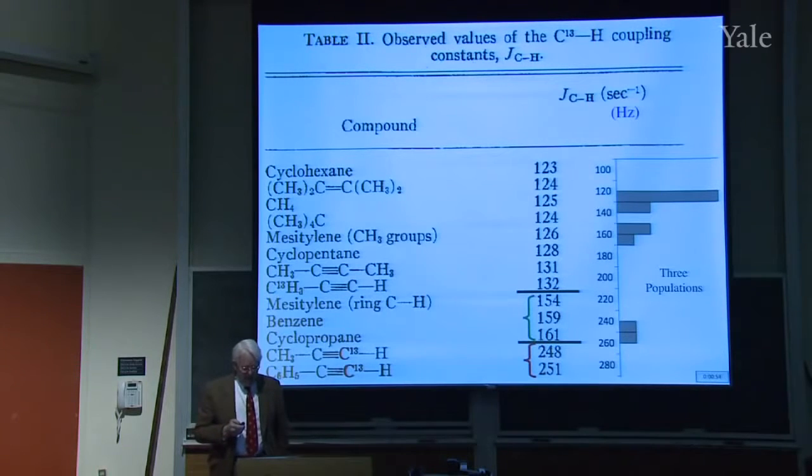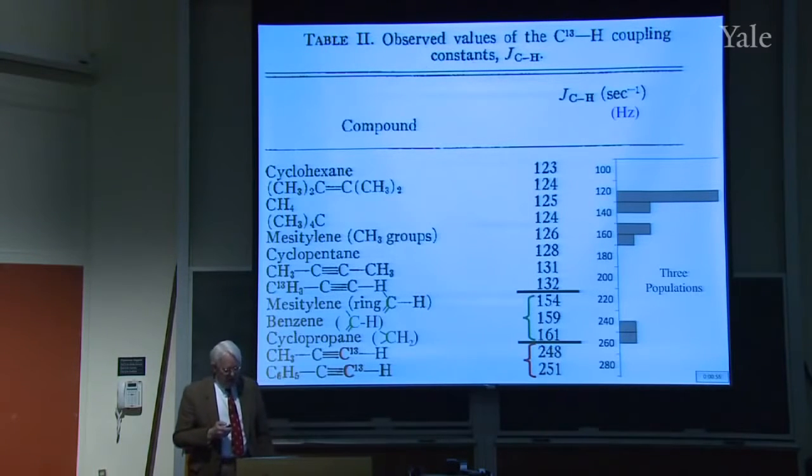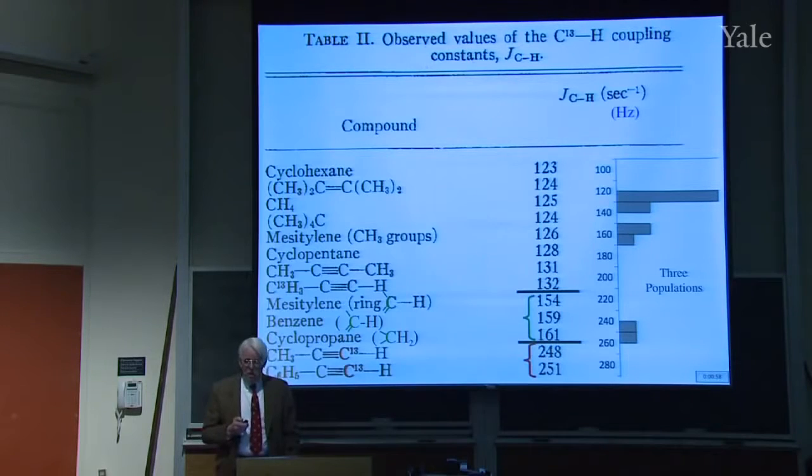Right? The ones here, the green ones, are in aromatic systems, so they have sp squared hybridization, except for cyclopropane. Why would it have such a high coupling constant? Why would it have a lot of s character in the bond to hydrogen, the carbon that's in a cyclopropane?